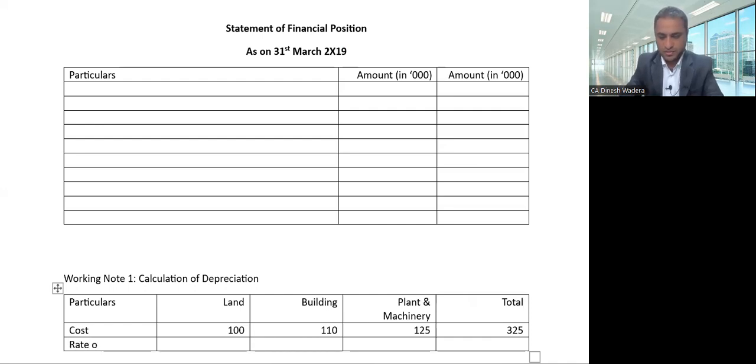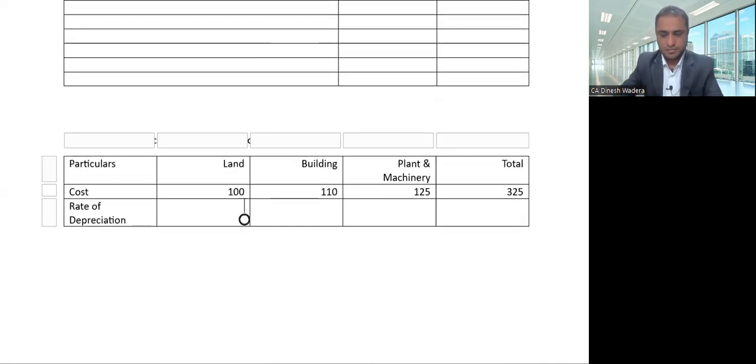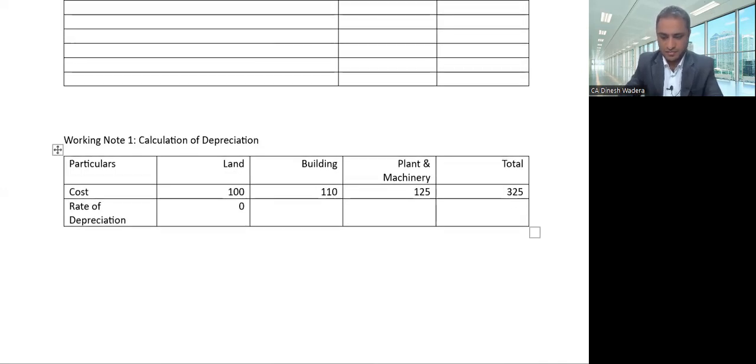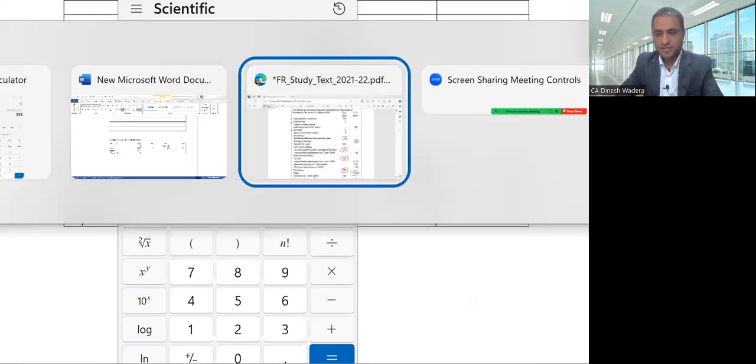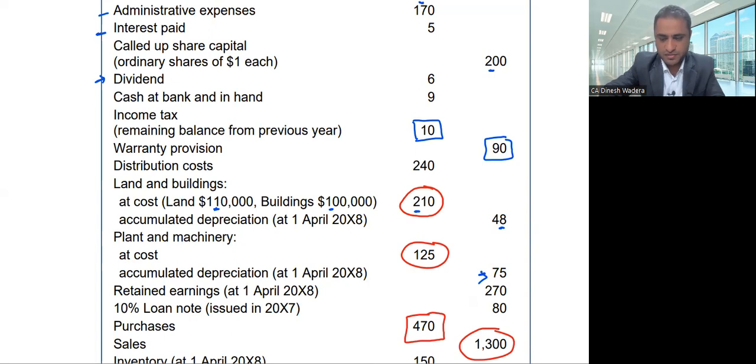We also have rate of depreciation. Given land will be depreciated at 0%. Let's come back to the question and read it carefully. It is given in the additional information. What is the rate of depreciation?